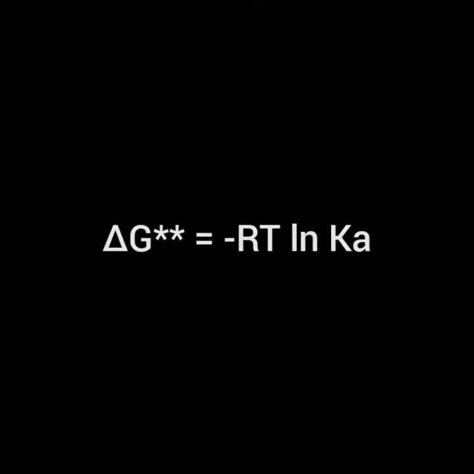The condition of equilibrium becomes delta G° = -RT ln Ka, where delta G° is the standard Gibbs energy change and Ka is the proper equilibrium constant in activities.